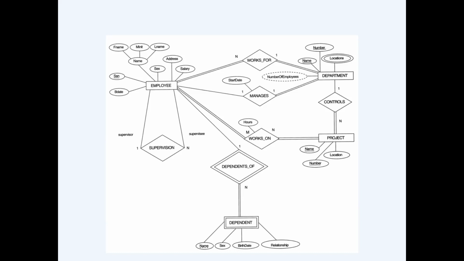So let's assume the first description is Dreamland, the hospital is the second one, the third one is movies, and the fourth one is the university. Now I'm going to put you in 8 groups. Groups 1 and 5 will take Dreamland.